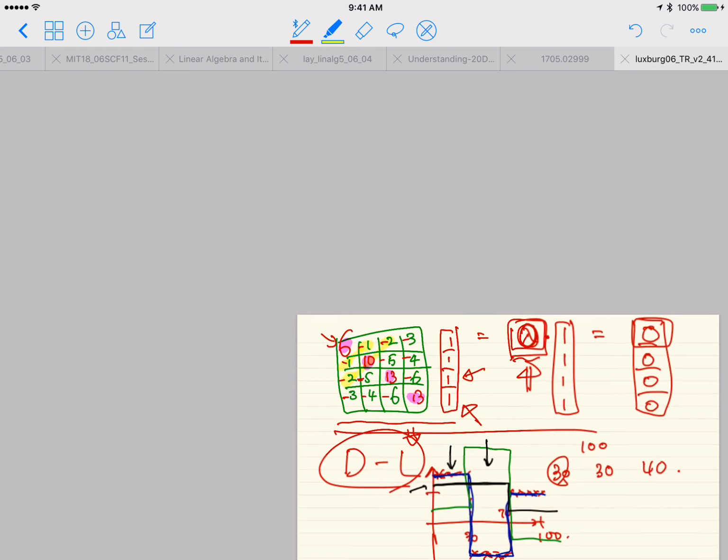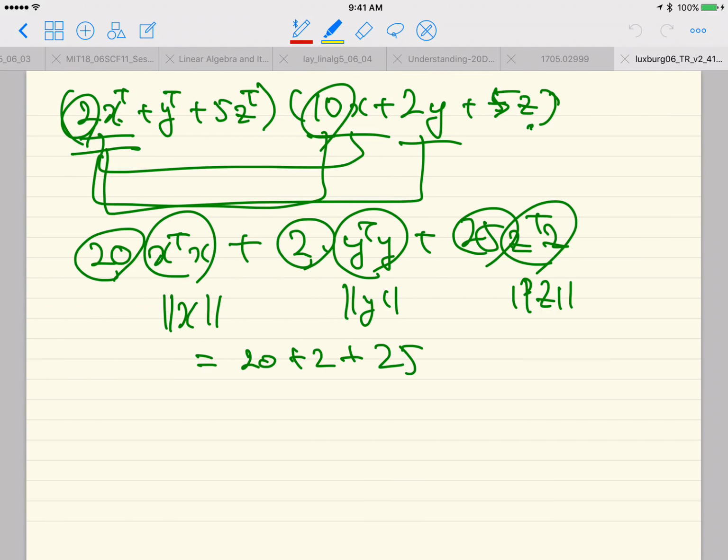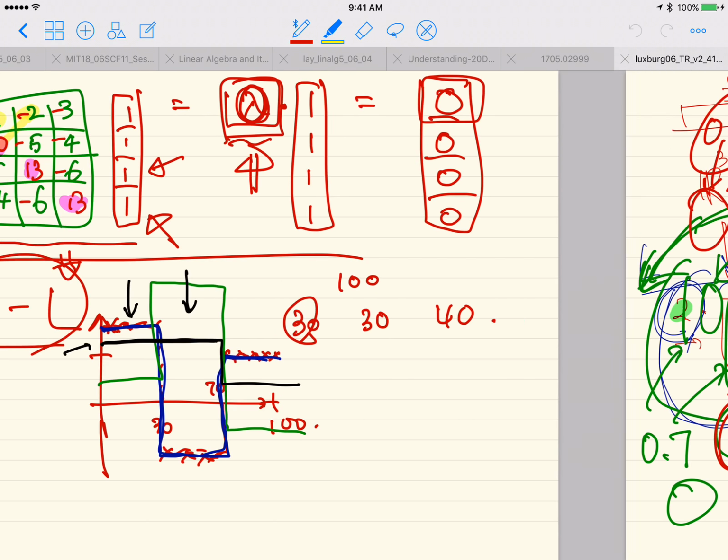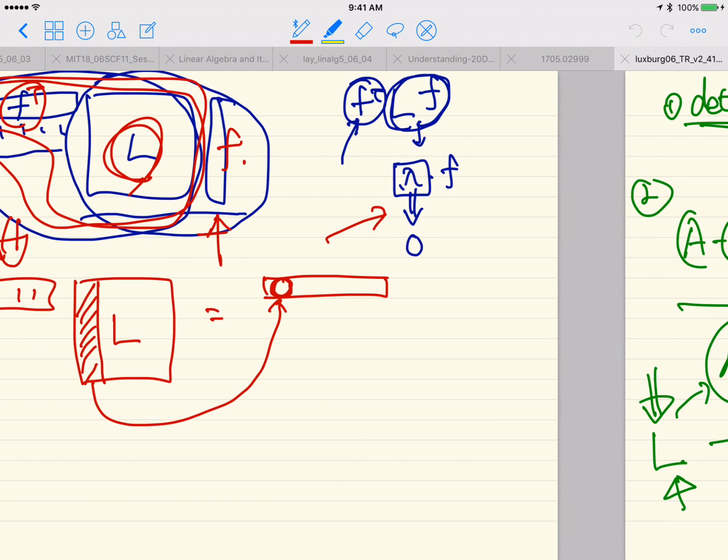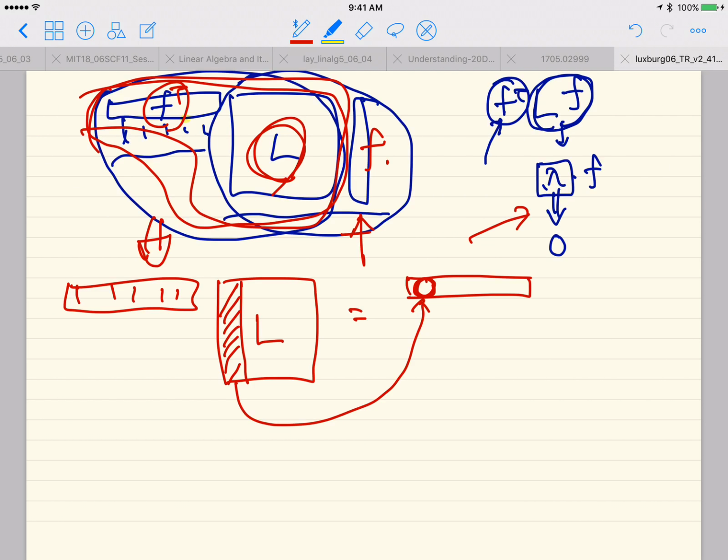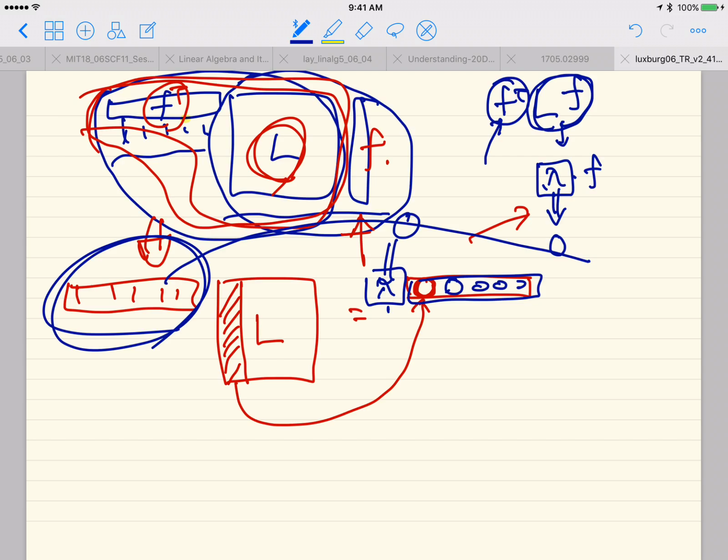So because your matrix is symmetric, even if we compute F transpose L first, we will have the same result. It is nothing but the same eigenvalue, which is 0, times... it's an all 0 matrix, right? And so we can still represent it as 0 times the same vector.